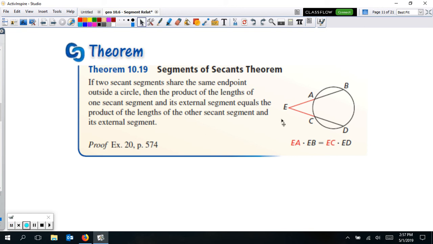So basically it's this little external part in red, EA, times the whole secant segment from E to B. That is equal to the same thing on the other secant segment: this little external part, E to C, times the whole thing. Okay, so that's another thing we can know is equal to each other, looking at these segments here.